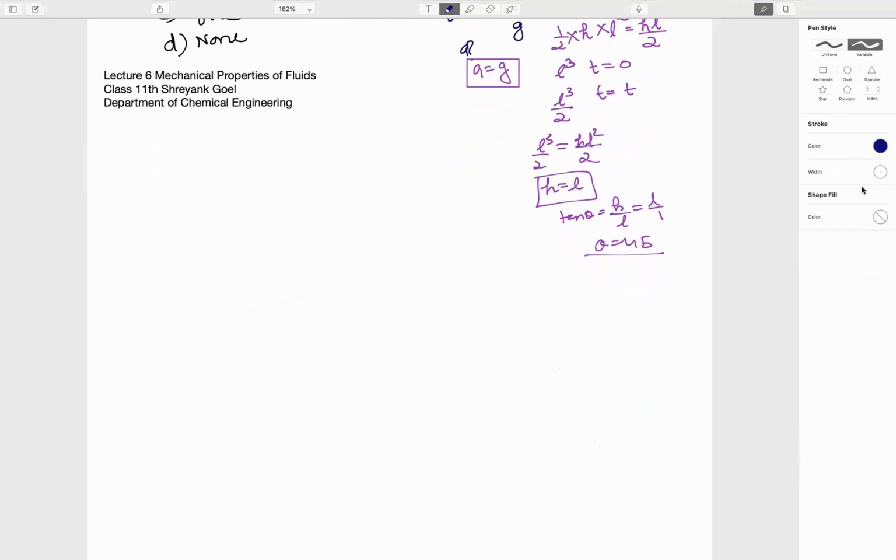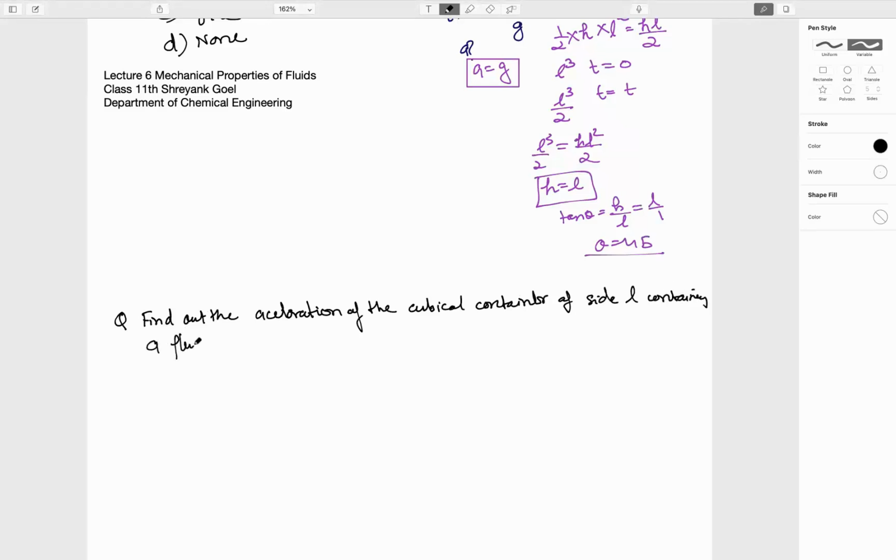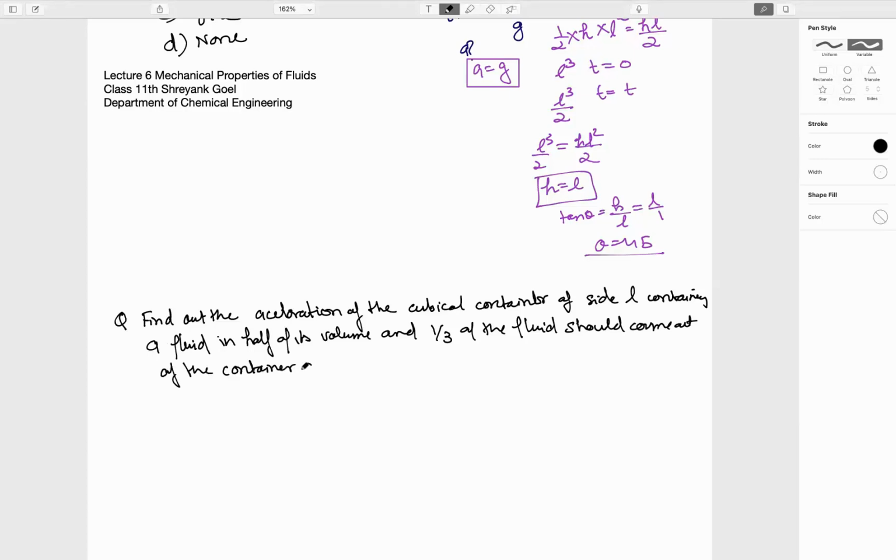Let's say the question is: find out the acceleration of the cubical container of side L containing a fluid in half of its volume, and one third of the fluid should come out of the container due to acceleration.